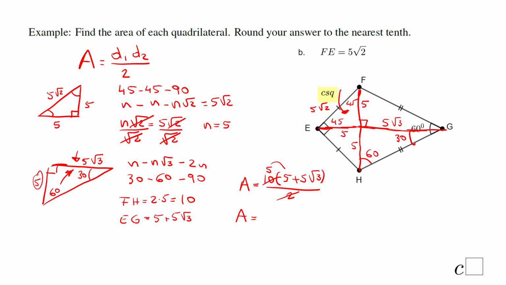So we have 5 times 5, which is 25, and 5 times 5 square root of 3, 25 square root of 3. This is the exact answer. Just be careful how you do it on your calculator. Now, I will suggest you, if you have a simple calculator, do first 25 times square root of 3, which I'm going to do in a moment.